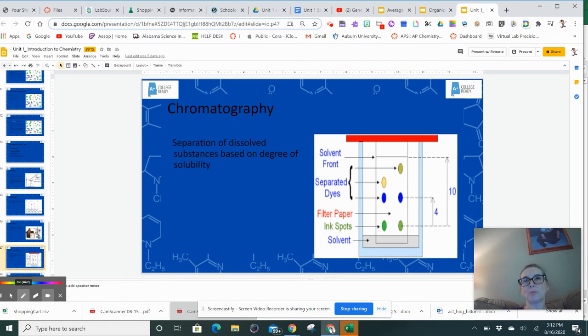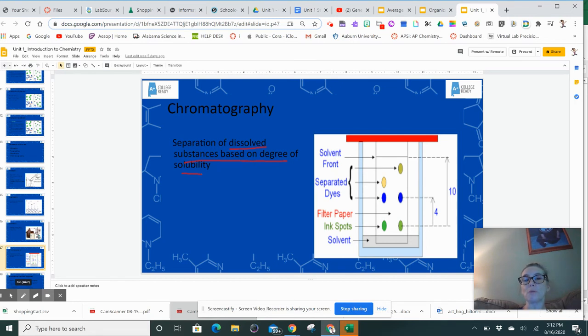Chromatography is another way to separate out a mixture of liquids, and it's separation based on solubility, degree of solubility. Ink is a good example of this. Ink is a liquid mixture of different solvents and different dyes, and those different dyes dissolve in different solvents at different places.